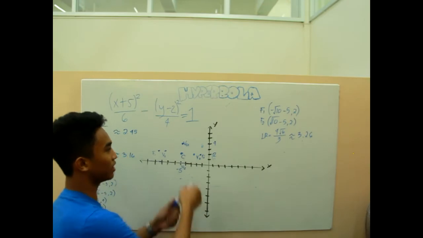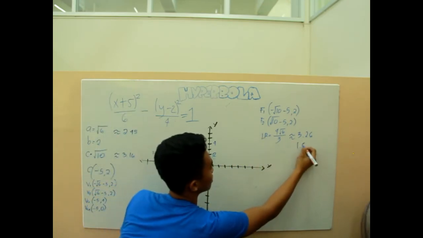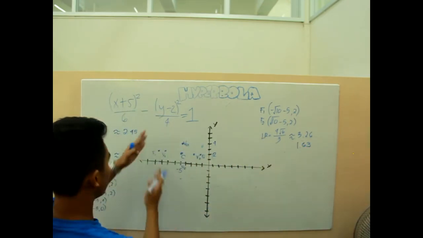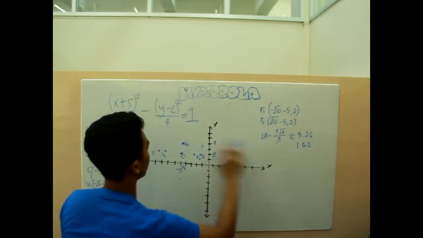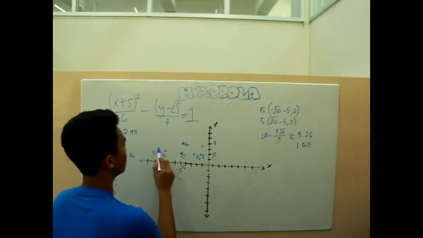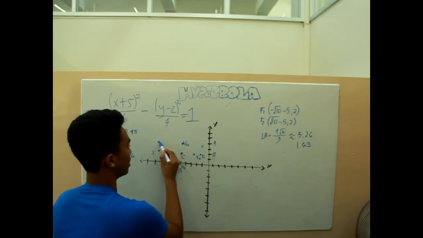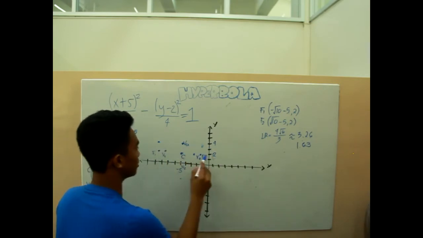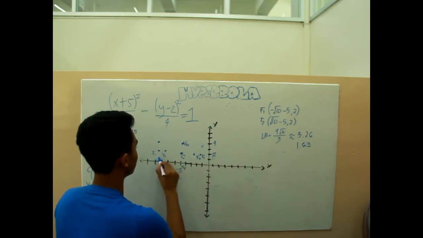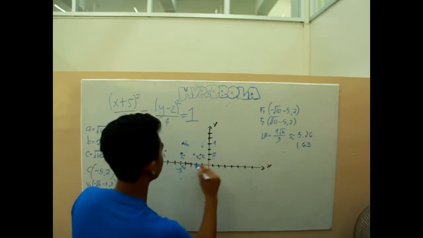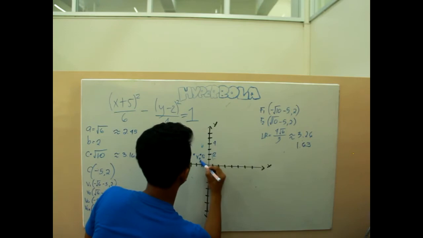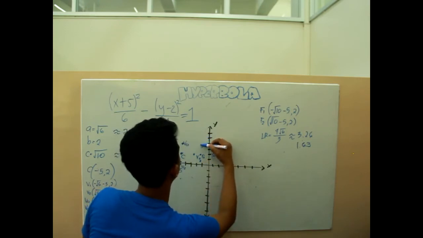Then we're going to divide it by 2, so this will become 1.63. So we need to count 1.63 up and down. 1.63 is located here, and 1.63 down is here. Same as the other side, it is located right here and also right here.